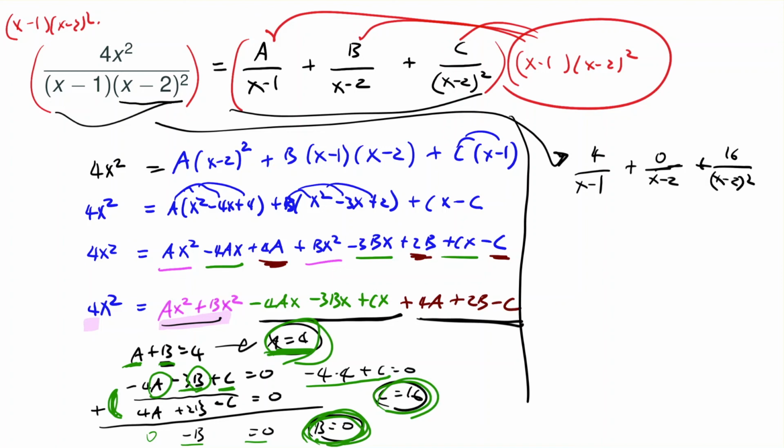So pay attention to which denominator has a, b, and c, right? So again, we don't need to write this one. This is just 0. So we can write the final answer as just 4 over x minus 1 plus 16 over x minus 2 squared. So if you find a common denominator of this and add this together, in fact, you get this.